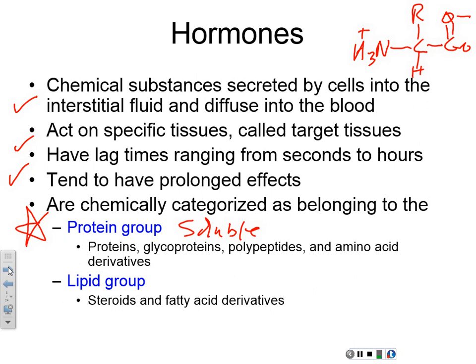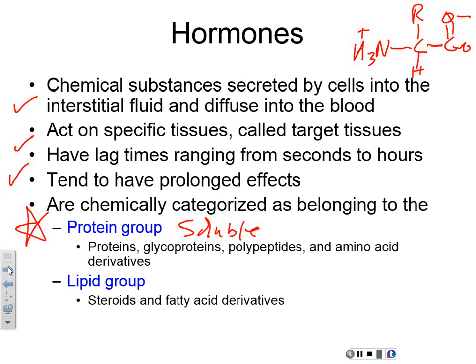And those tend to have faster effects. Like when you're in a fight-or-flight situation, you don't want to be waiting hours to make a protein for you to respond. You want to go quick. So most of the protein hormones are involved in the faster response of the endocrine system, even though it's a little slower than the nervous system.